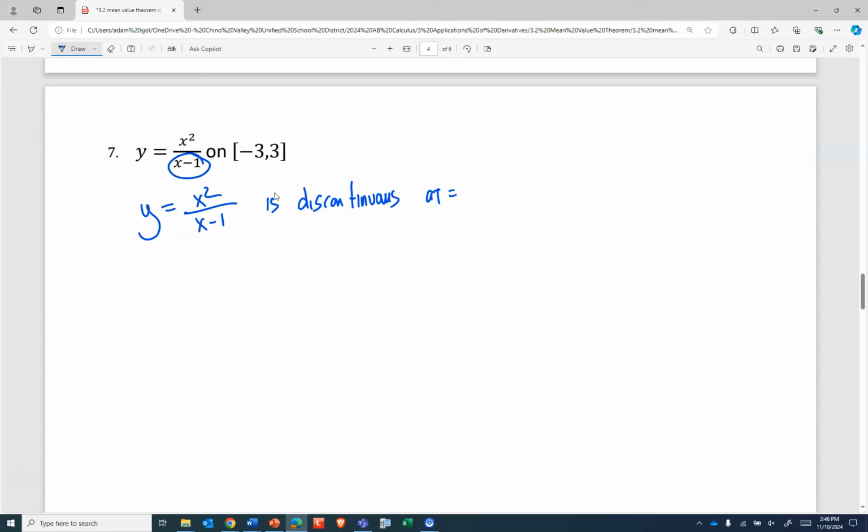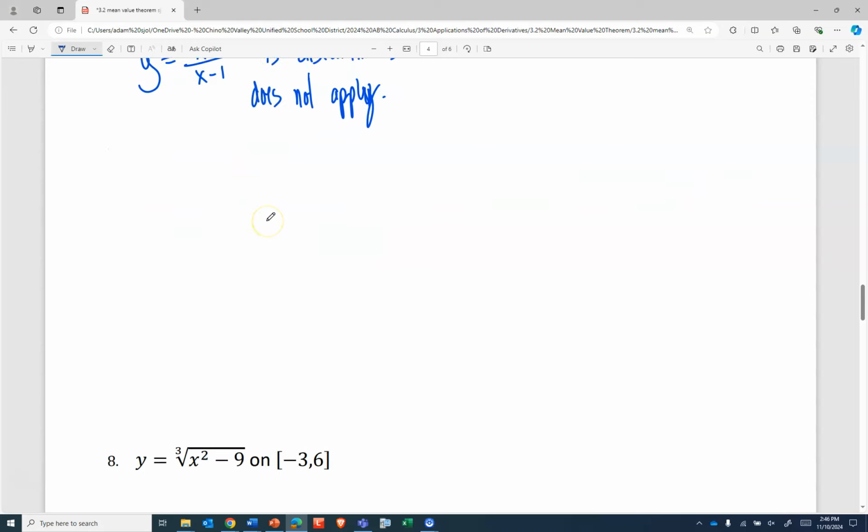At x equals 1, and that's a problem because 1 is definitely on our closed interval -3 to 3, so we can say the mean value theorem does not apply. All right. I love it when that happens.